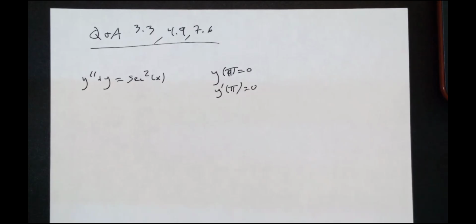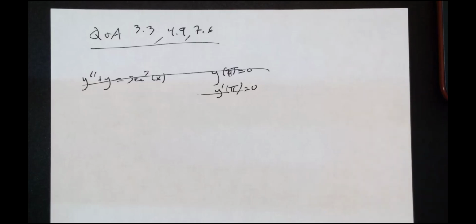Right? That's 4.9. Oh, I'm looking at the wrong section. That's for 4.8, which is on the same page as the start of 4.9. So I'm definitely looking at the wrong problems. 4.9, here we go. Number 18.